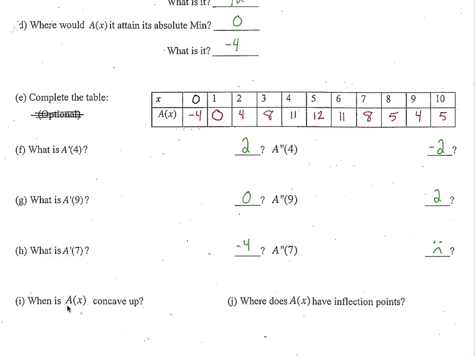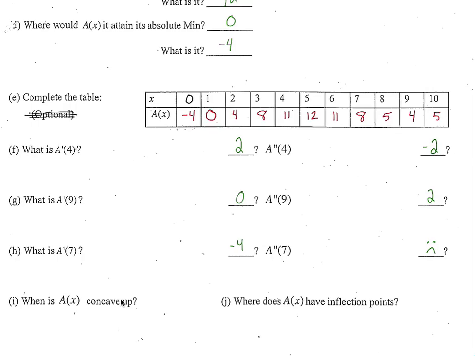So when is the function concave up? Well, the function is concave up when, right, the a of x function is what we're talking about. The function is concave up when the second derivative is greater than 0.